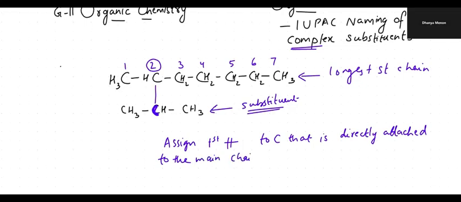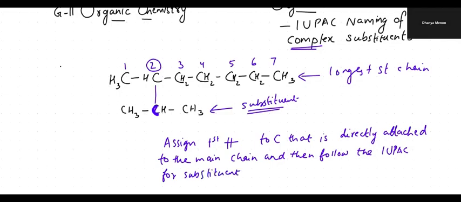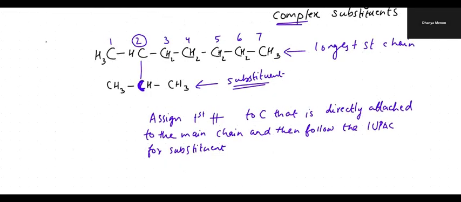And then follow the IUPAC name. Okay, IUPAC for substituent. And for substituent, because it is complex, it is always written in bracket. So it is written in bracket. We will take an example now, don't worry.